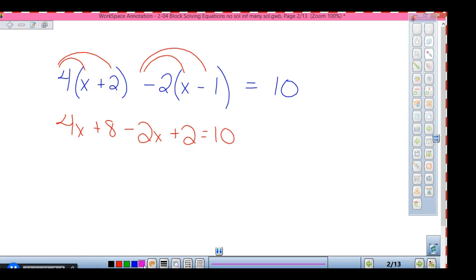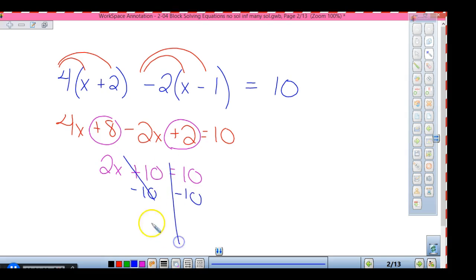What do I get from my x's? Positive 2x plus 10. There you go. Equals 10. Then what do we do? Yeah, then we minus 10.